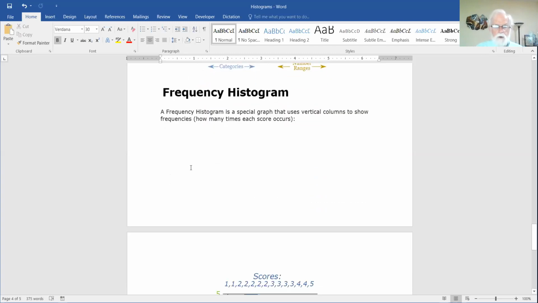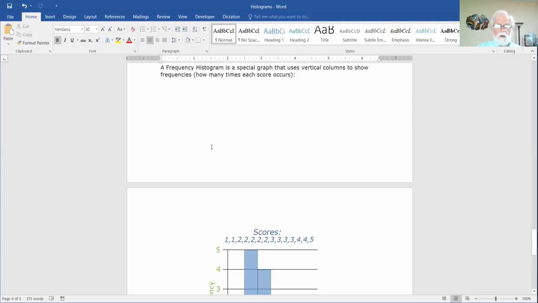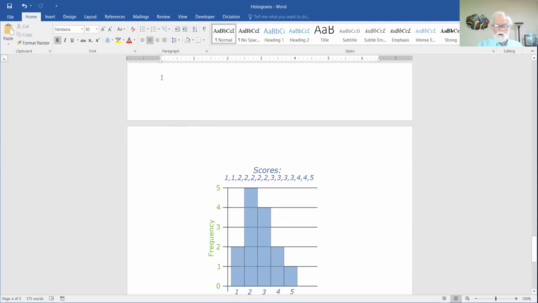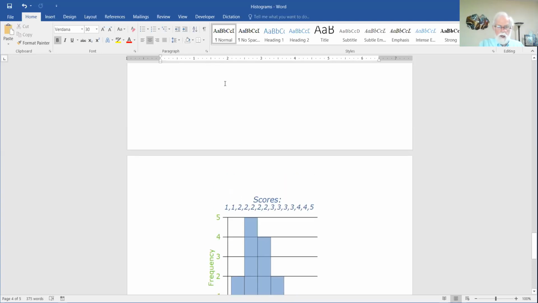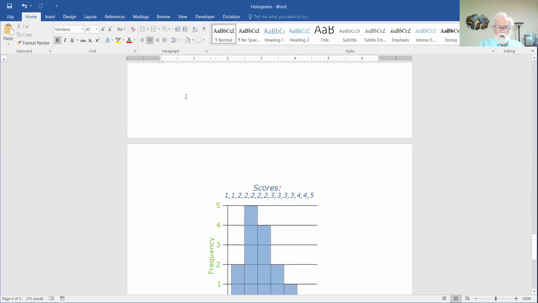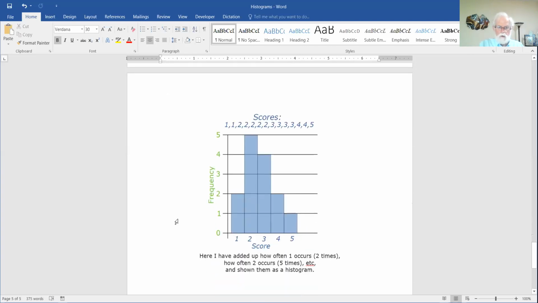A frequency histogram is something to show things like scores on tests. As the scores can range, and we use these things also for, you've seen all these surveys that say rate on a scale of 1 to 5. And so again, we take the data and use these frequency histograms.